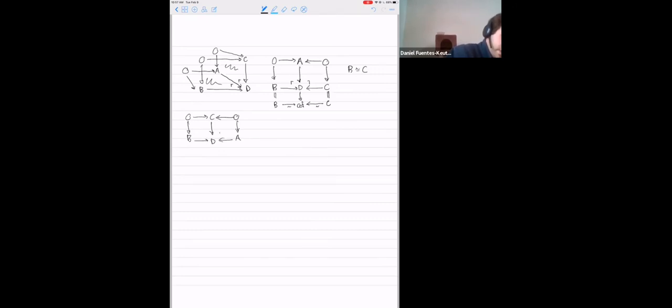Then by the same reasoning, so I have pushouts here, just looking at the other two faces. This tells me that B is equivalent to A. And so B, A, and C, all of these vertices that were a priori different, actually end up having non-canonical equivalences between them.